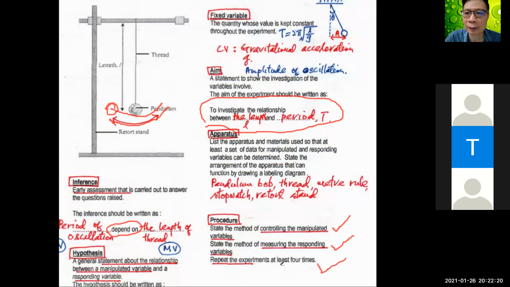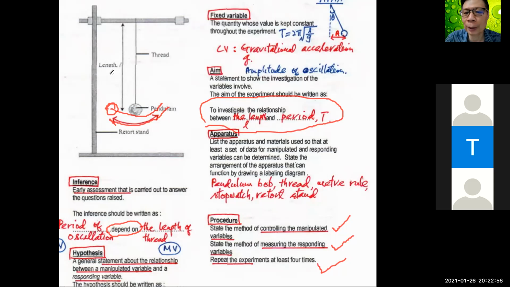Normally how do you repeat? 你用不同长度的线来重复，那就叫 repetition 了。First round maybe you take 30 cm, 你给它算时间，这样全部做了。Then after that 你就加长到50 cm，那个就算 repetition 了。Okay, 30 cm, 50 cm, 60 cm, 70 cm, getting longer and longer.